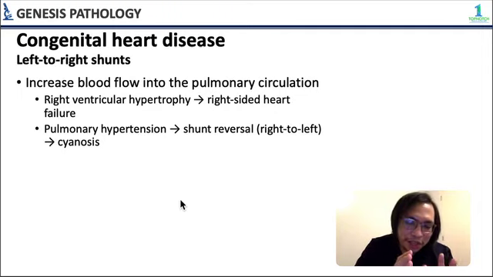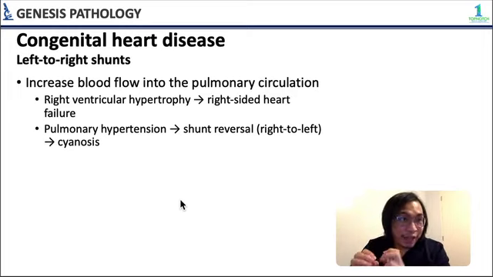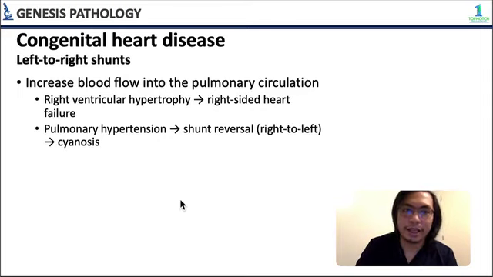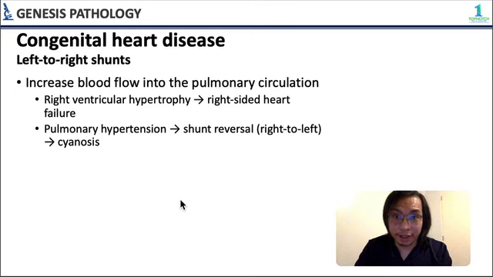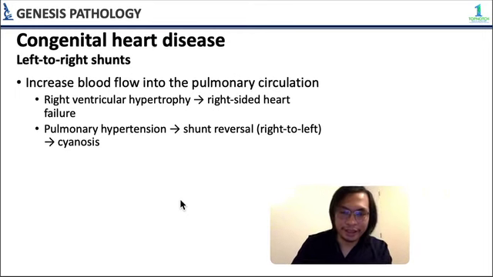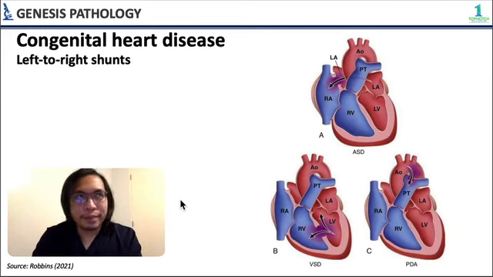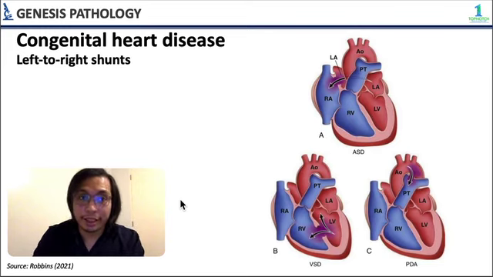Now, your deoxygenated blood sa right pupunta sa left. Your left will pump that deoxygenated blood sa systemic circulation. Walang oxygen, that will cause cyanosis. What do you call that? Shunt reversal. That is your Eisenmenger syndrome.